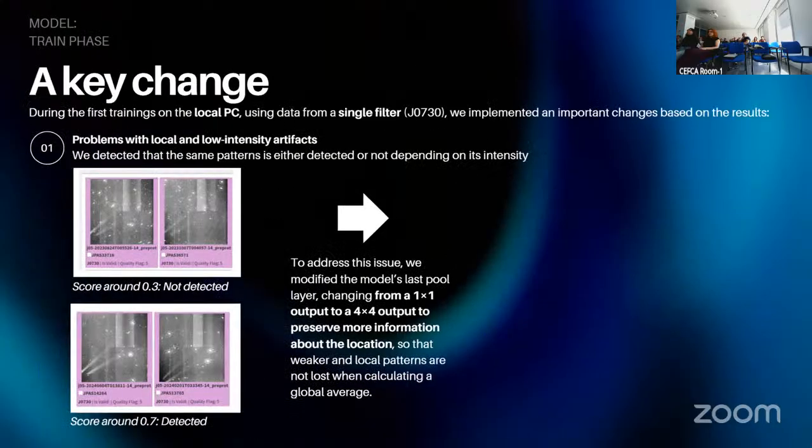In the lower one it is detected because the background is black, but in the top one, because the sky is brighter, it is not detected. Your model is so sensitive to the contrast.